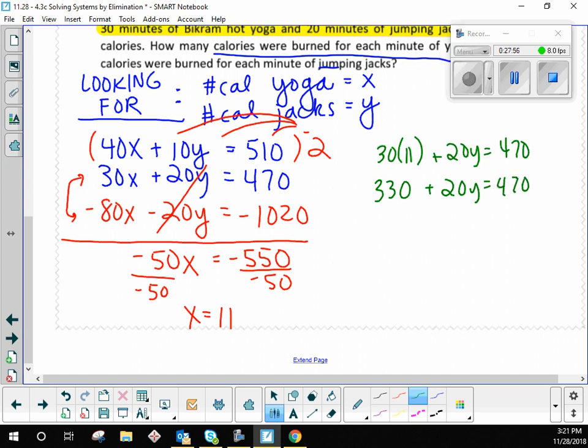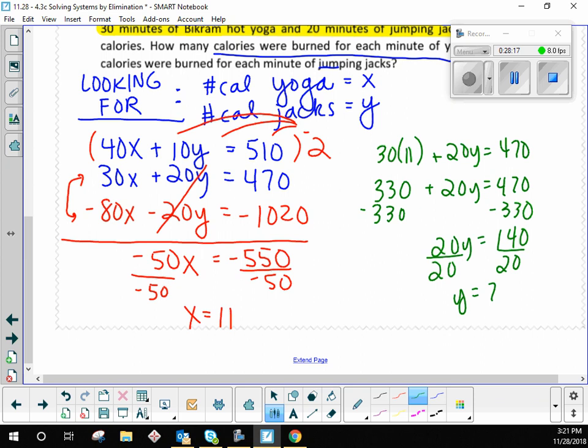What do I do next? Yes, ma'am. Subtract 330. So that gives me 20y equals 140. Now what? Yep. Divide by 20. Y equals 7.